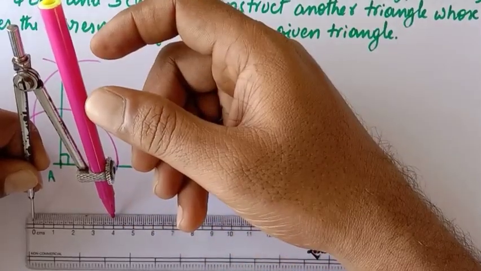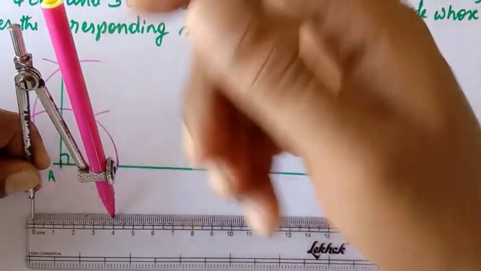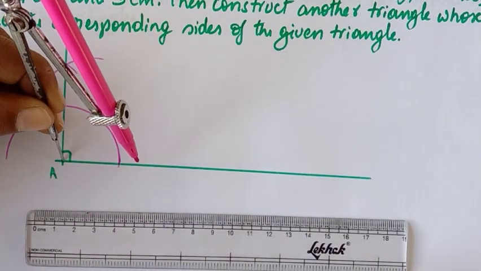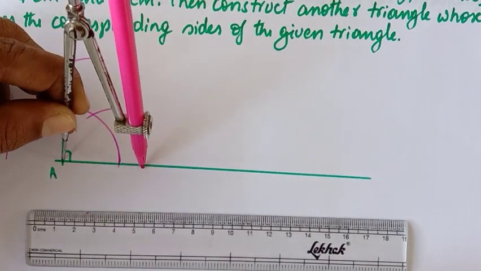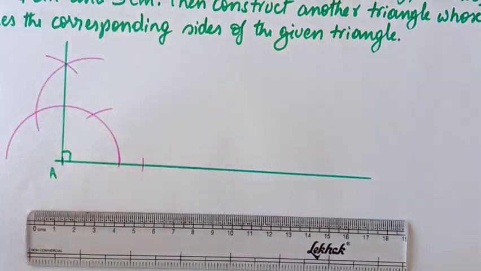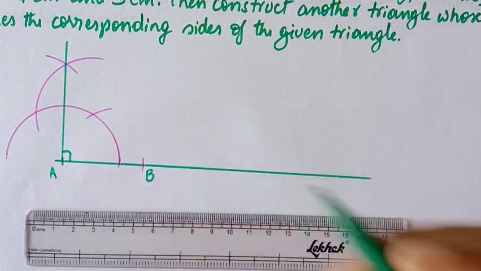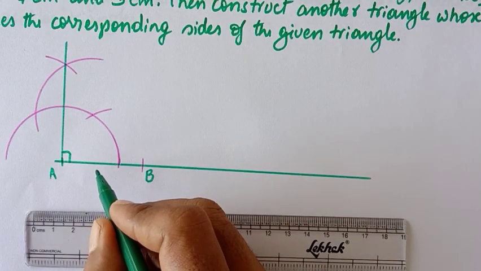Yes, you can see here it measures exactly 4 centimeter. And then from A to B, I am marking a point here. This point, let it be B. This measures 4 centimeter.